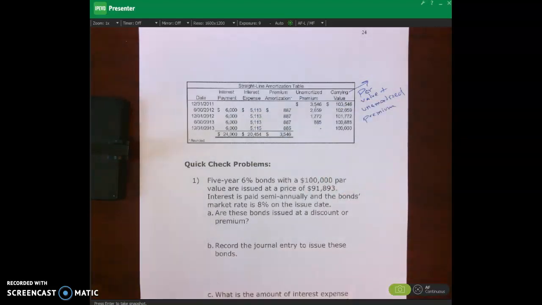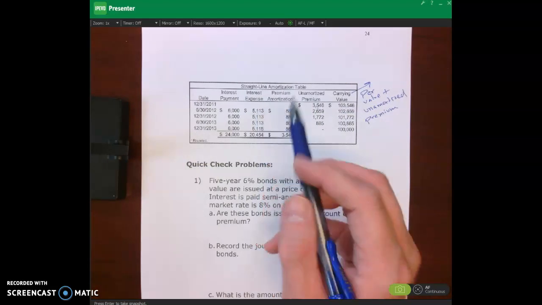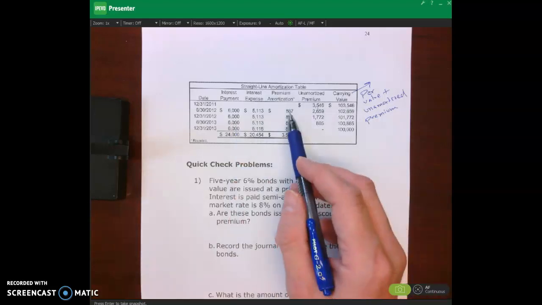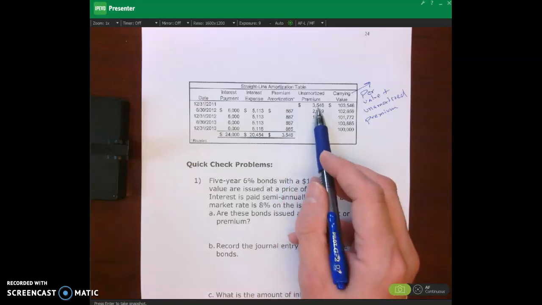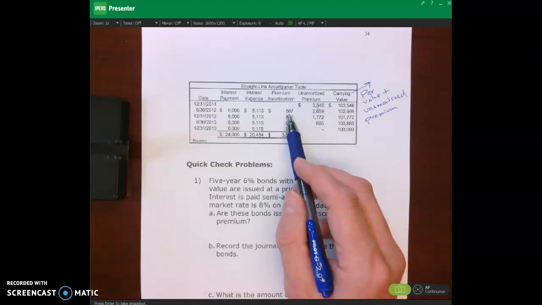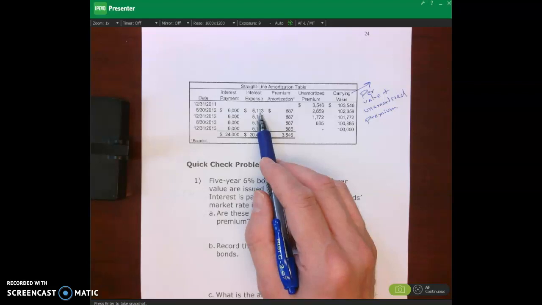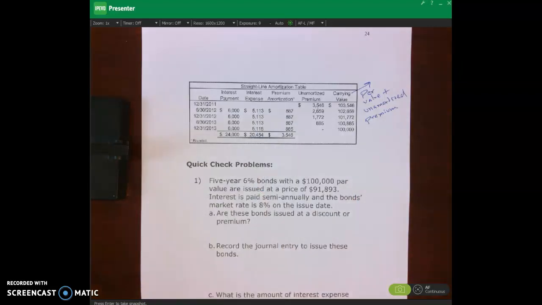Okay, and again, the way we calculated this is by taking that $6,000, which is how much we have to pay our bondholders, par value times contract rate, minus our amortized premium, which is equal to our total premium divided by the total number of payments, 4 in this case, 887. 6,000 minus 887 gives us our debit to bond interest expense. Okay. All right.